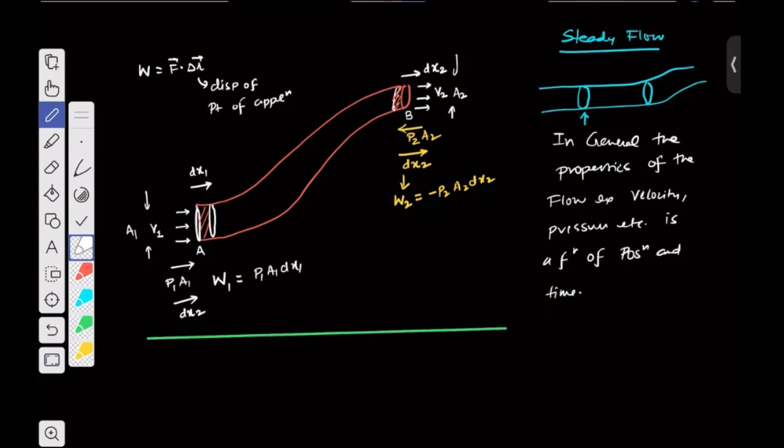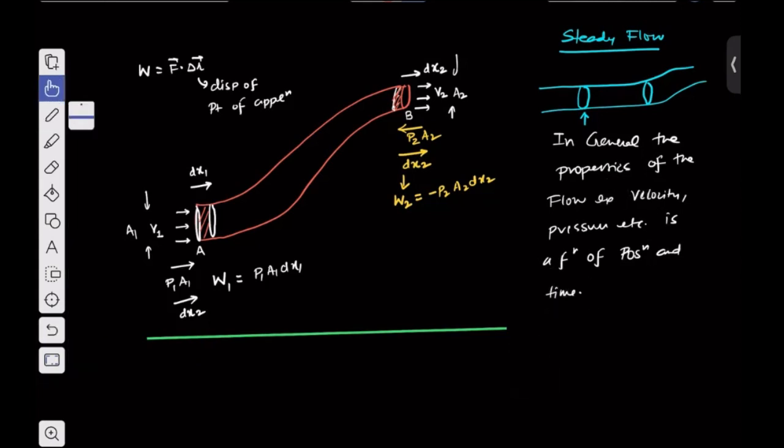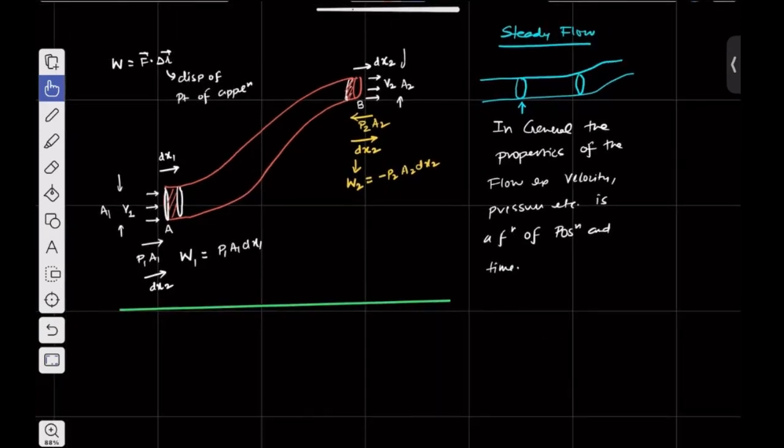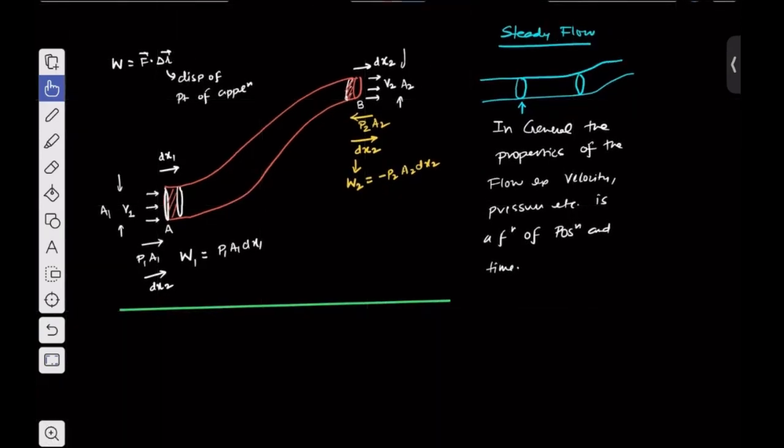But in case you are given that the flow is steady, then it means that if I fix my position, then whatever the property of the flow may be, it should not change with time. So it is okay for the properties of the flow to change with position in steady flow, but they must not change with respect to time once we fix the position. That is what steady flow means.